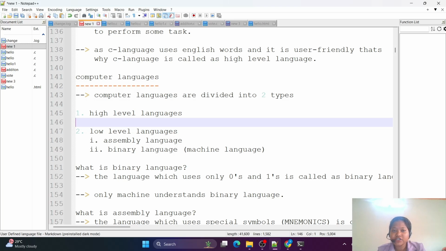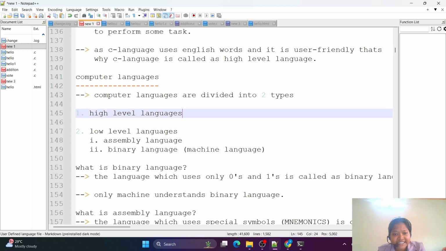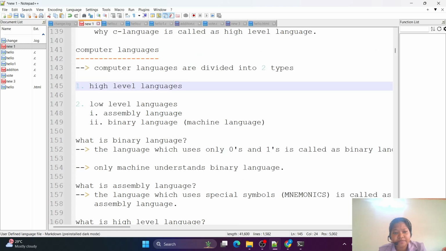So it requires more time, actually. Next, it also takes time and cost. Definitely, whenever we are using a translator, it requires more time and more cost.